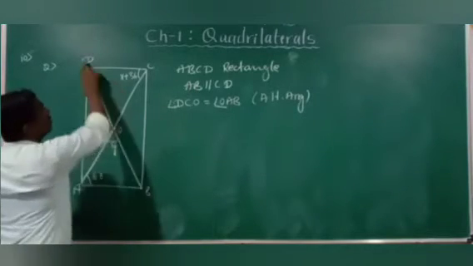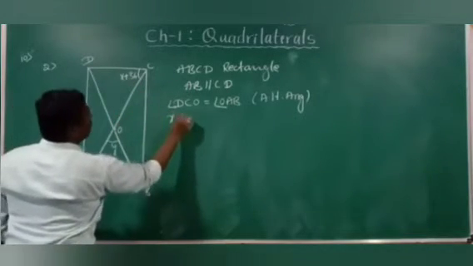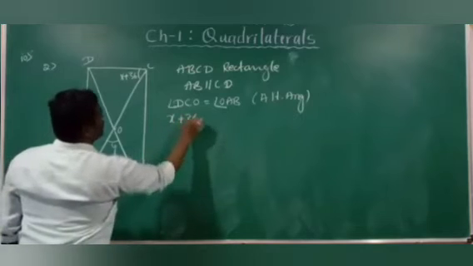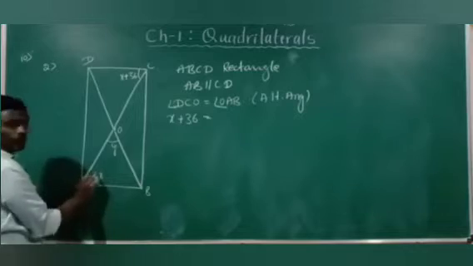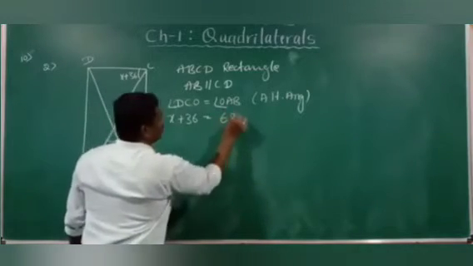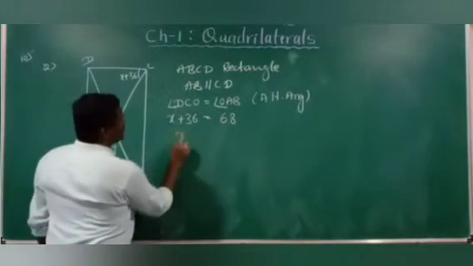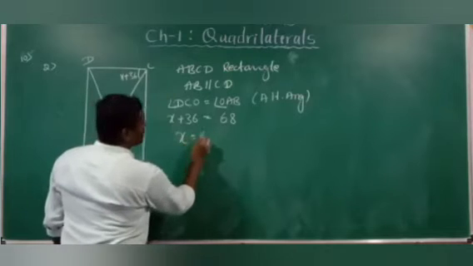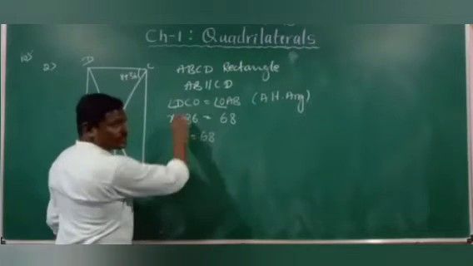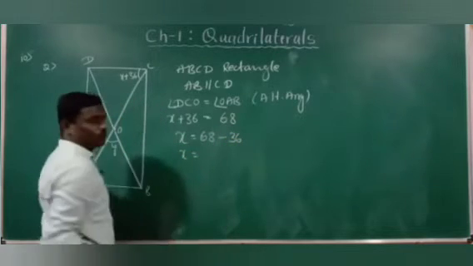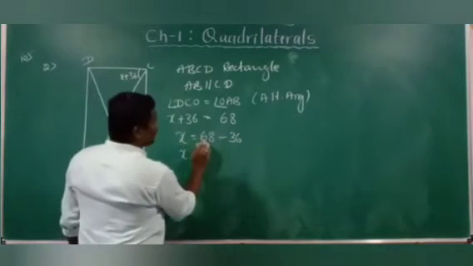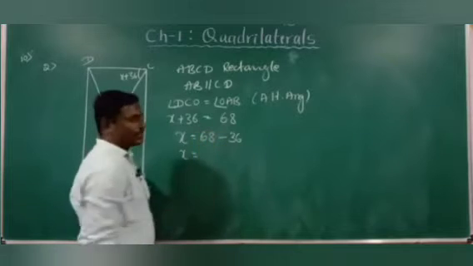What is DOC? DOC is X plus 36, which is equal to OAB, which is 68, right? So X plus 36 is equal to 68. Take this 36 to the RHS, minus 36. Now X is equal to 68 minus 36.